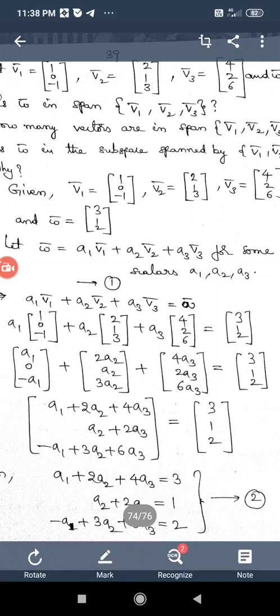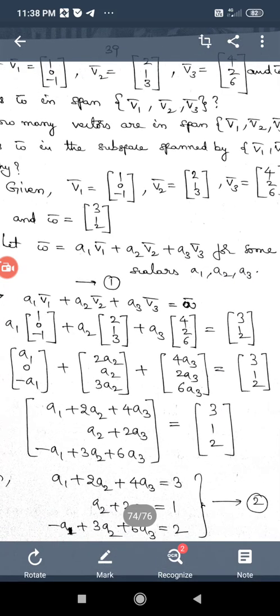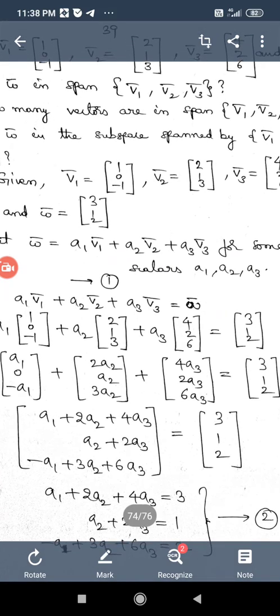Now the left hand side, the sum of 3 matrices, can be written as a single matrix of the same order, 3 by 1. It consists of the elements a1 plus 2a2 plus 4a3, which is obtained by adding all the first row elements in the 3 vectors on the left hand side.